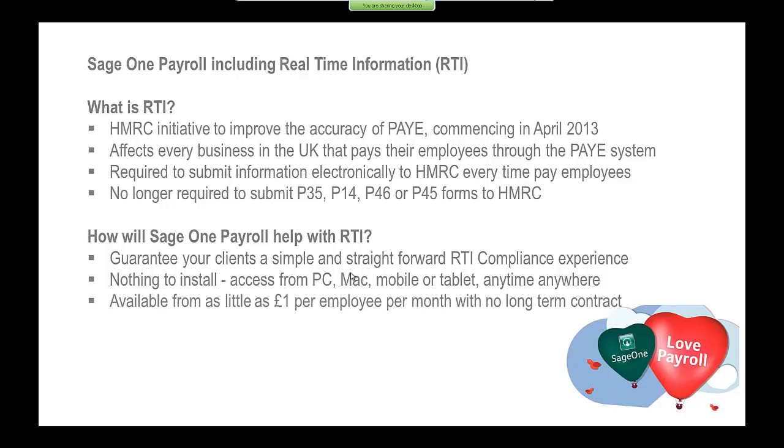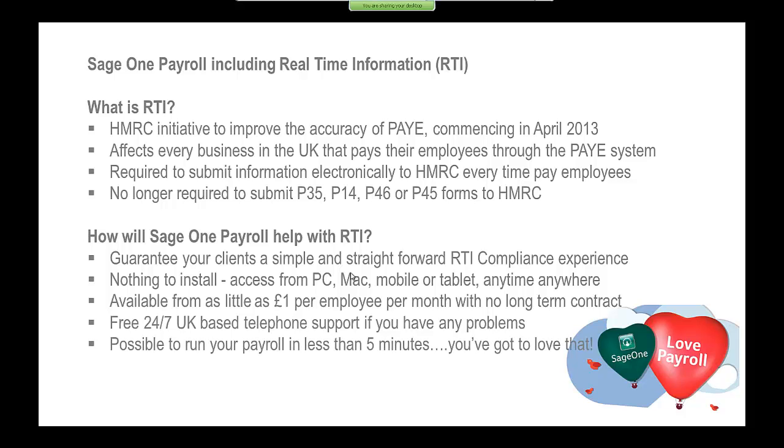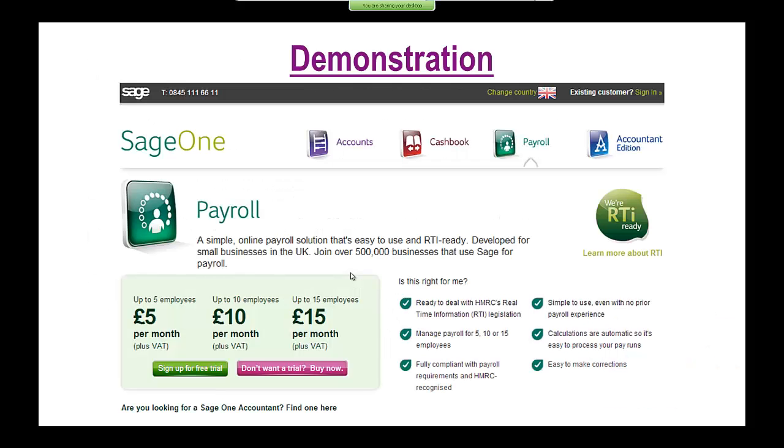Sage One Payroll is available from as little as £1 per employee per month. It comes at a low cost and doesn't involve any long-term contracts. We're here to help whenever you need us, and it's possible to run your payroll in less than 5 minutes. You've got to love that. So let me show you how. We'll move on to the demonstration of Sage One itself.